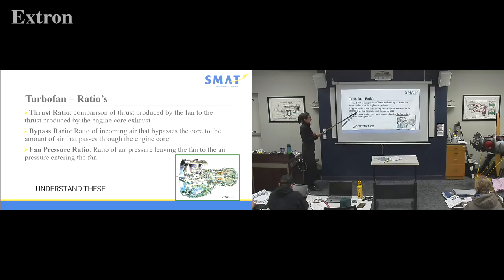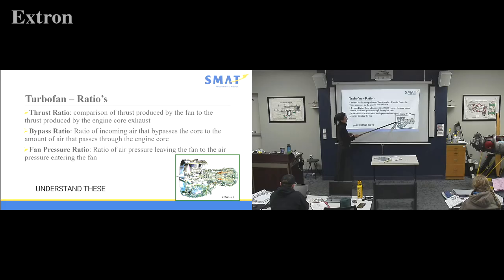Then bypass ratio is the ratio of incoming air that bypasses the core, so just the air that goes through the fan and out, compared to air that goes through the inner fan and through the core of the engine.